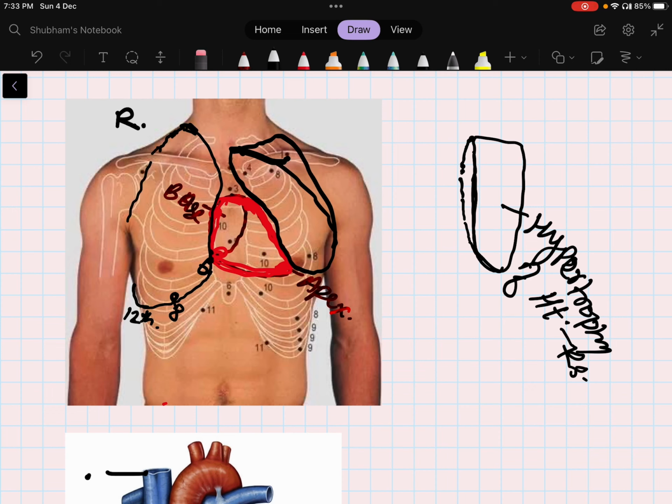This is how our lung is going to be present. In this area there is going to be a slight lung tissue, which is going to be the lingula.